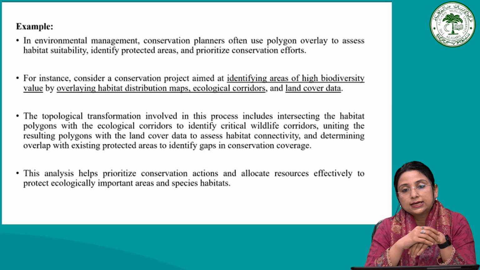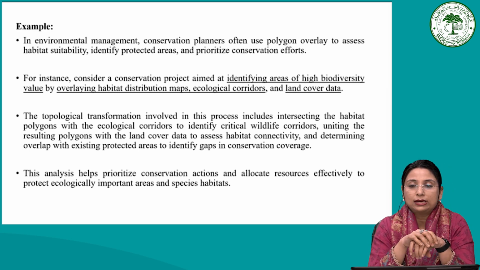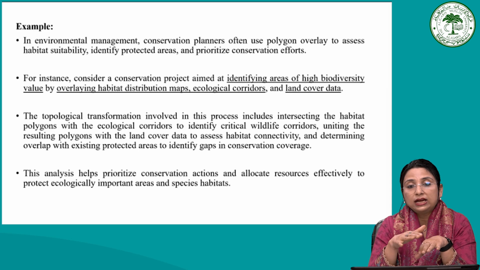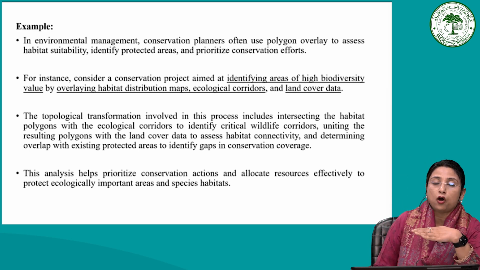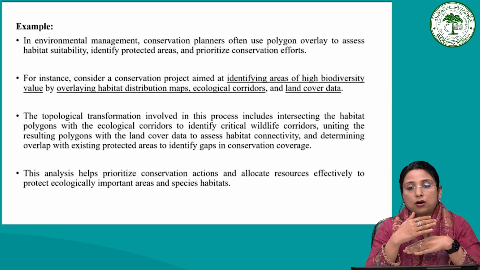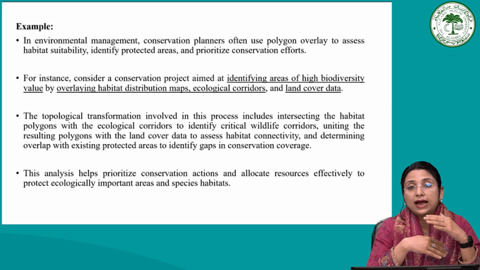For example, consider a conservation project which aims at identifying areas of high biodiversity value, and that will be done by overlaying the habitat distribution maps. One layer will be the habitat distribution layer, another layer may be ecological corridors, and we may also have a layer of land cover data.